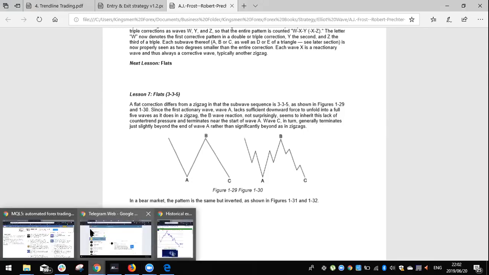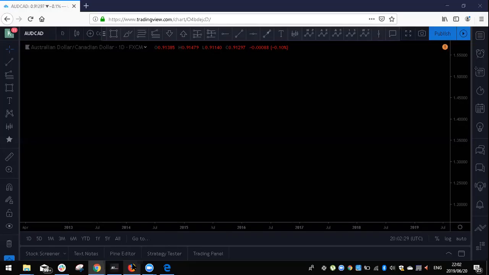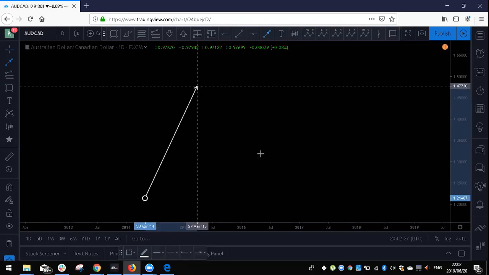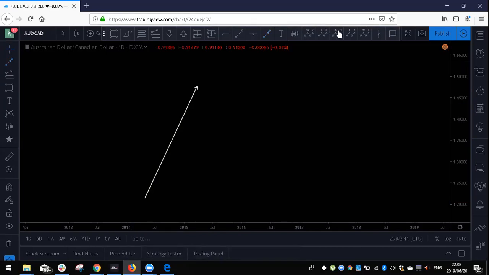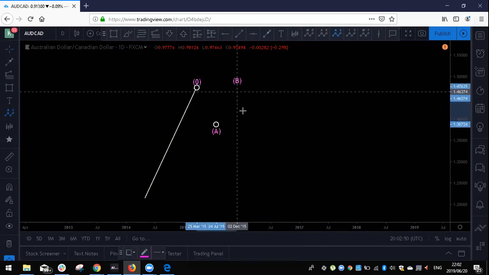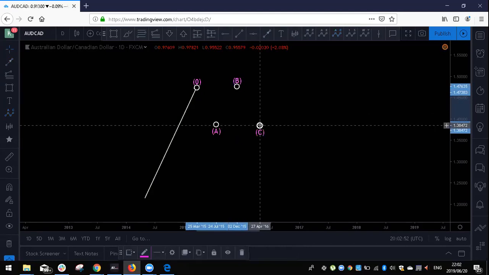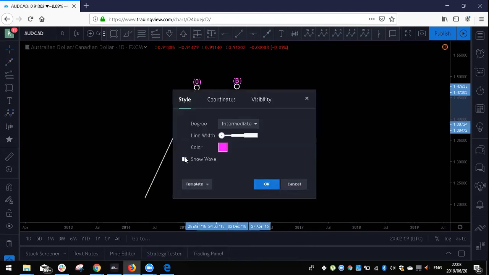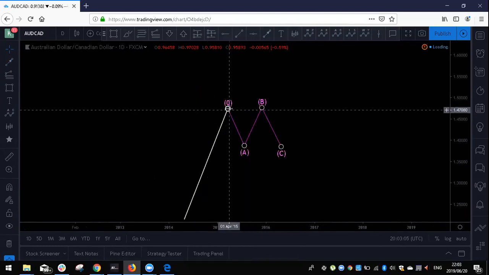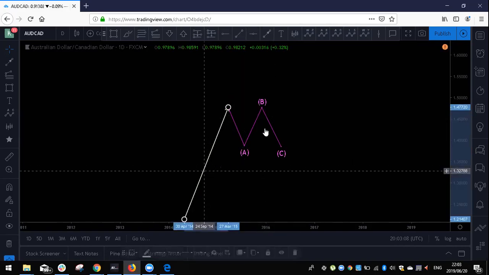Okay, if you have a flat, let's say you have your impulse like this, and then you start to get a flat correction like this. Then you're expecting to get this move.